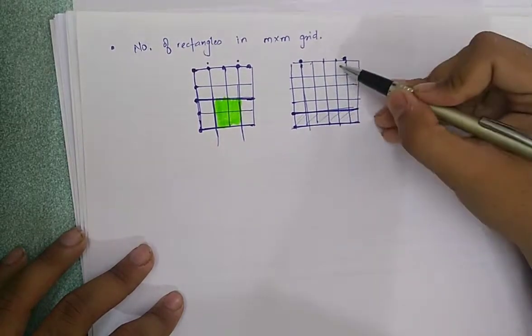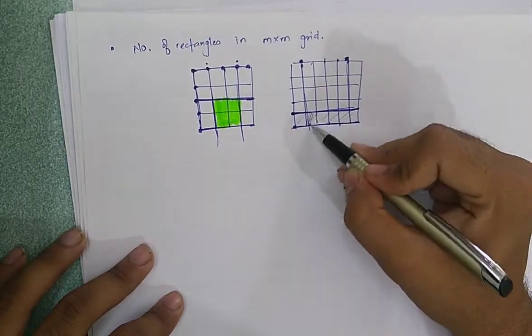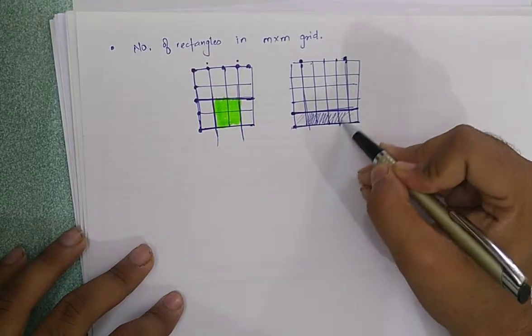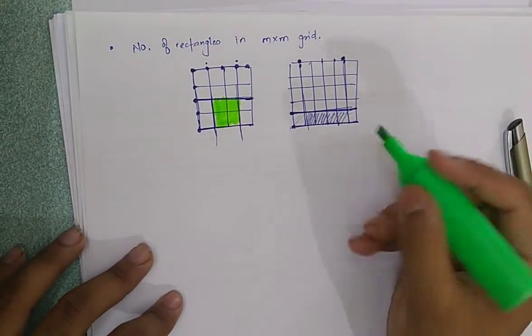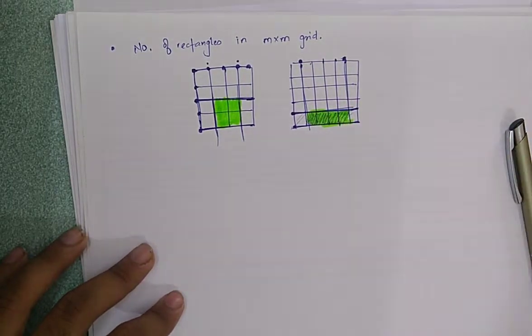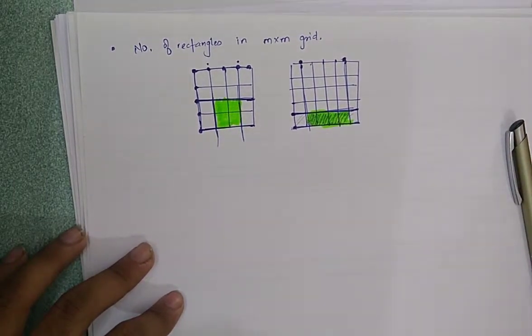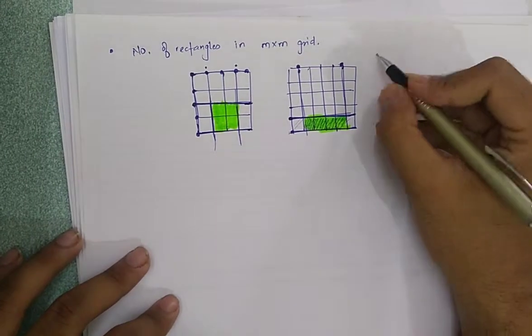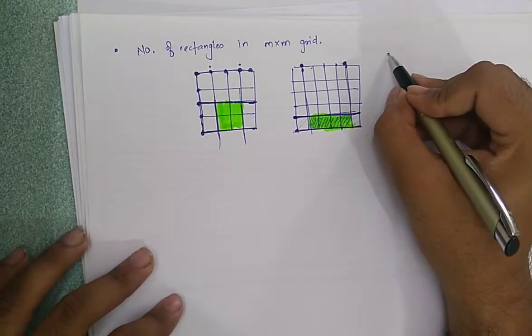Using these 2 points, we again have this area. So this is the possible area of our rectangle over here. So to form any rectangle, all we need is 2 points from the x-axis, 2 points from the y-axis. We are using the concept of permutation and combination.